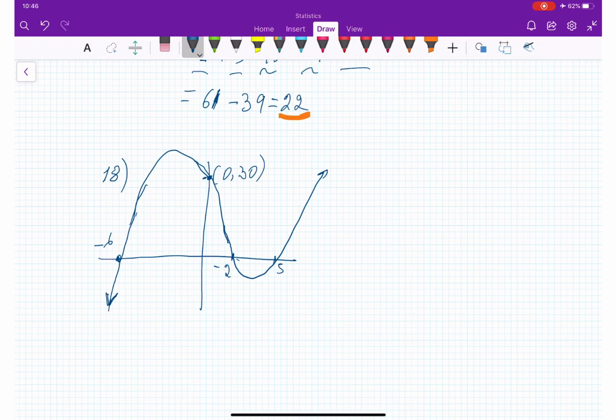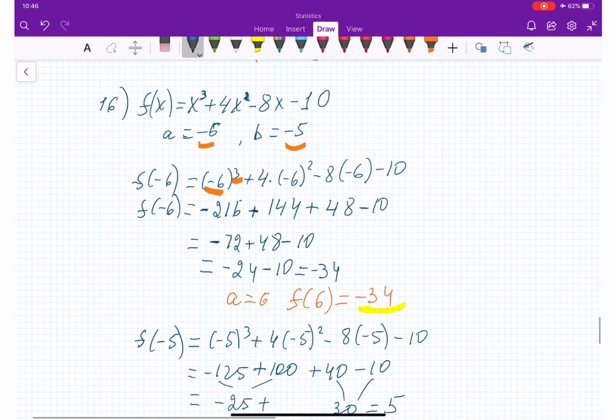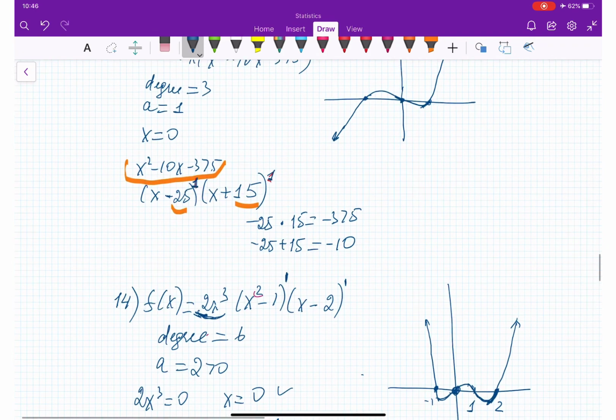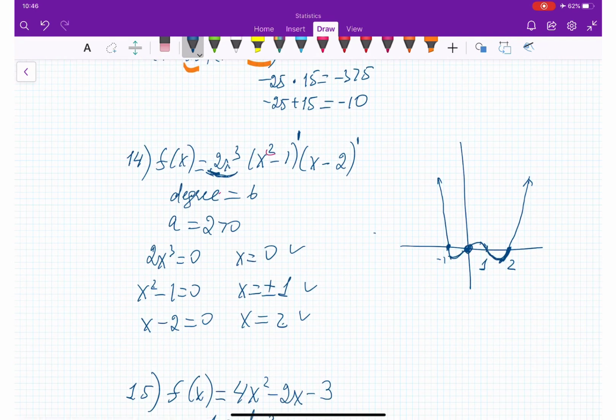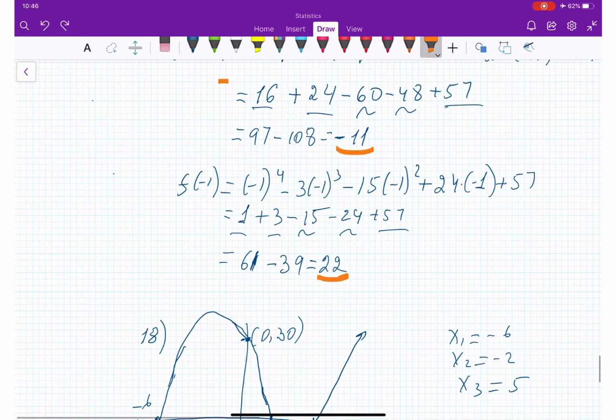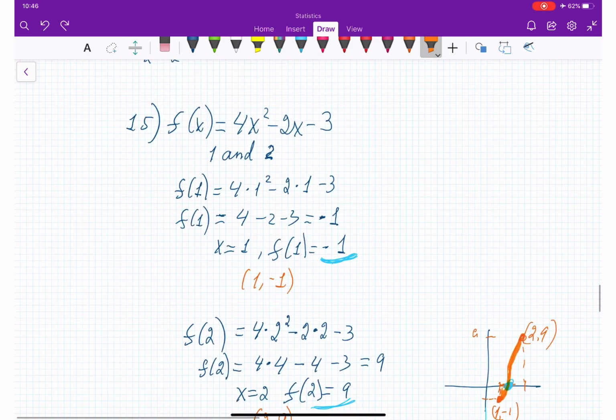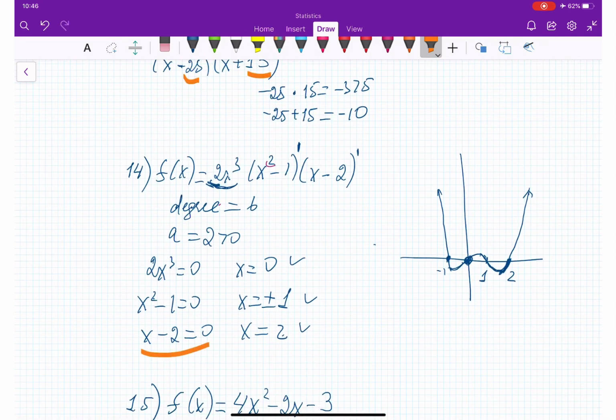All right. So first of all, we are going to identify x1 is negative 6, x2 is negative 2, x3 is positive 5. Remember when we were trying to solve for our values of x, we had x minus 2, and x would be 2.